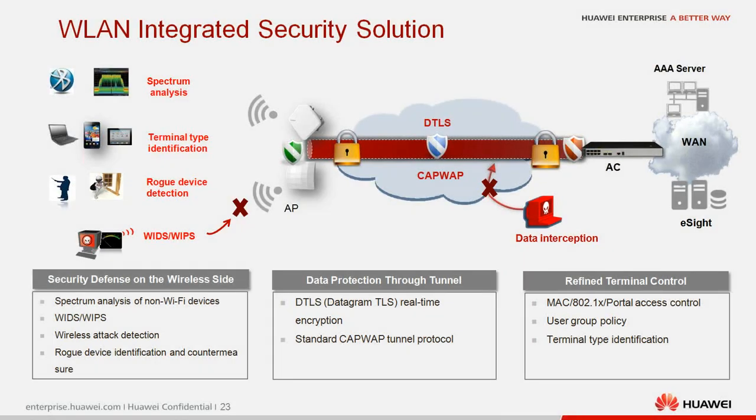Here are some of the integrated security solutions. As I said earlier, security is probably the number one challenge when it comes to WLAN. There are several kinds of security attacks that we need to mitigate. For example, an employee brings a wireless router and plugs it into an unsecured port in the network. Now the whole network is exposed to anyone within range of the signals.